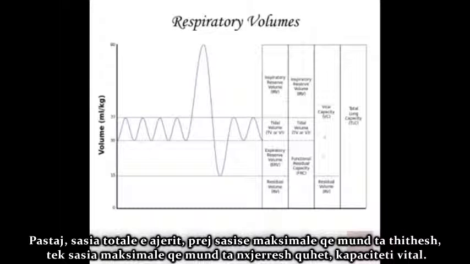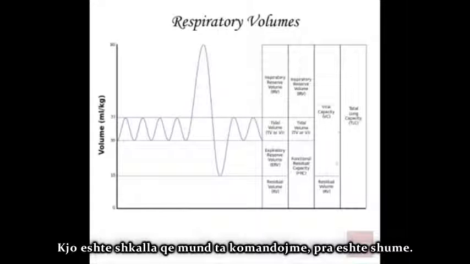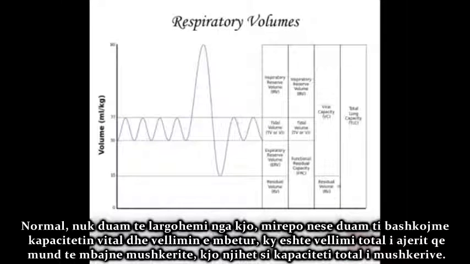And then the total amount of air from the total max you could inhale to the total max you could typically exhale is called vital capacity. That's the range you have control over. So it's a lot. And of course, you don't want to get rid of this. But if you add together the vital capacity and residual volume, that's the total volume of air that you could possibly contain in your lungs.